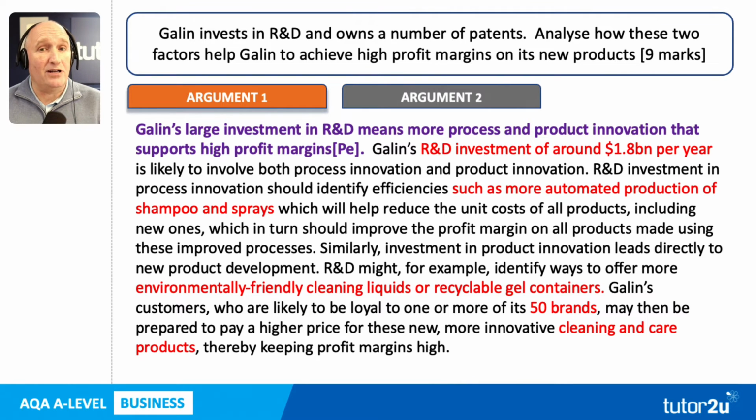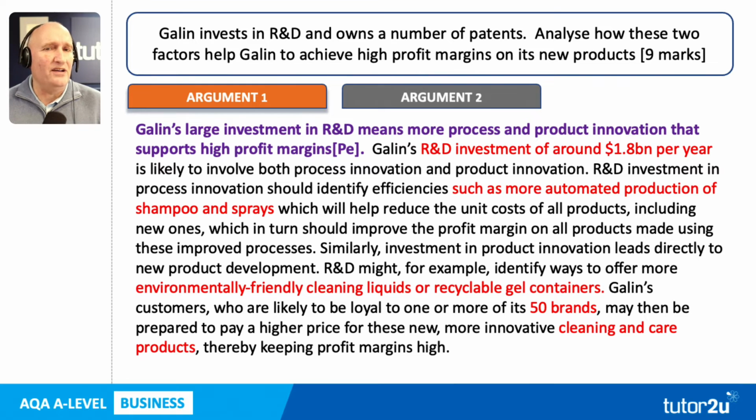So I've done a little calculation. We were told that R&D was 3% of sales. Well, 3% of 60 billion, I think, is $1.8 billion per year. So there's a calculation I've used to say it invests a lot. Rather than just saying automation of production, of what? Well, of shampoo and sprays. Not quite sure what kind of sprays, but anyway, it sounds like it's the kind of thing that Galen might do.